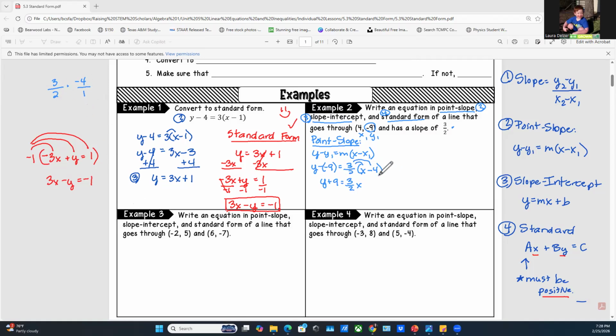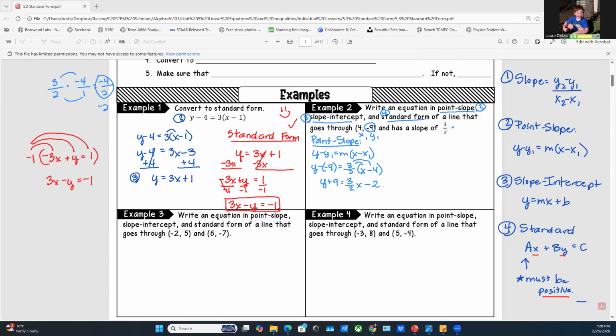We just don't write the 1 when we have 1 in the denominator. Remember how we multiply fractions back when you learned them several years ago. We got 3 times negative 4, and 2 times 1, so that's 2. So this is going to be minus, and this 4/2 is going to reduce down to negative 2.